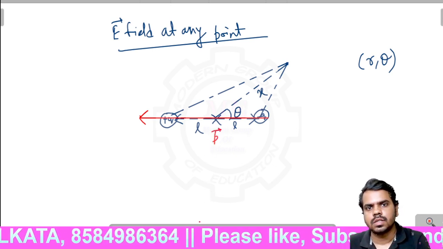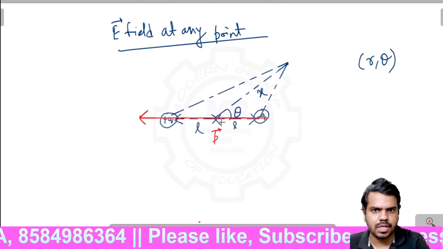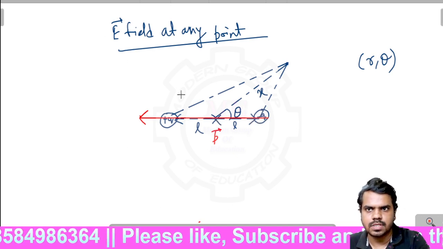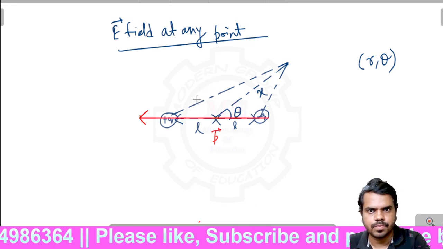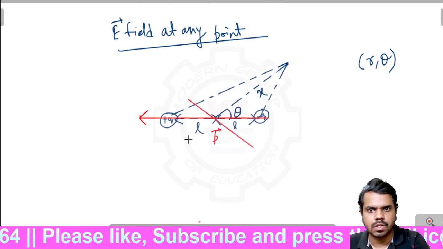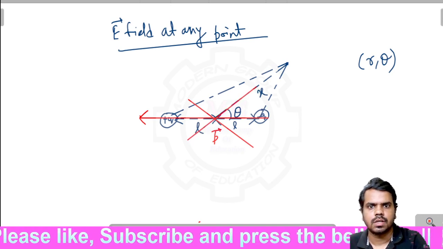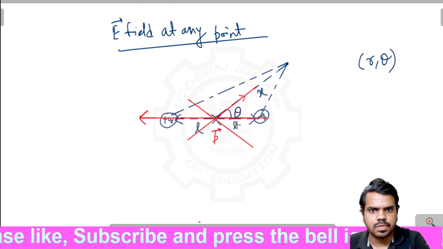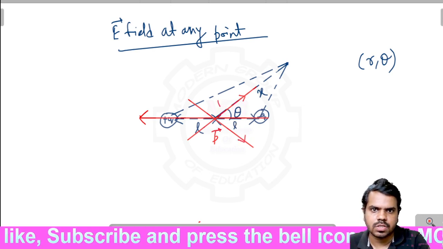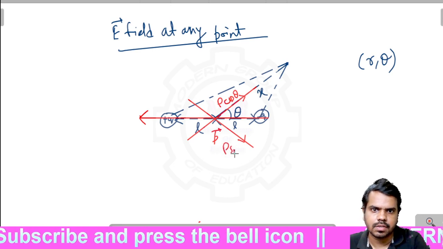If we change the direction of p with some theta angle, that means this is p. If p has some components, like this is p cos theta and this is p sin theta.